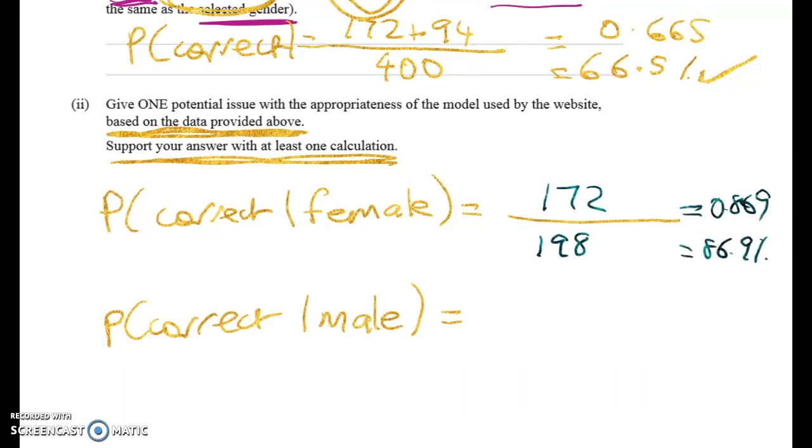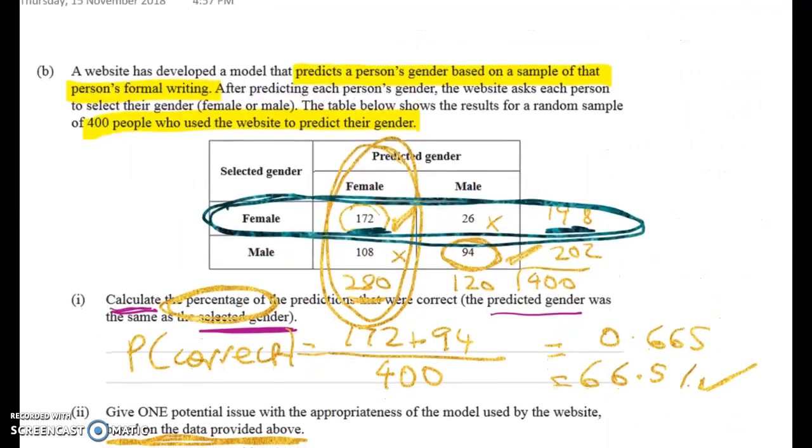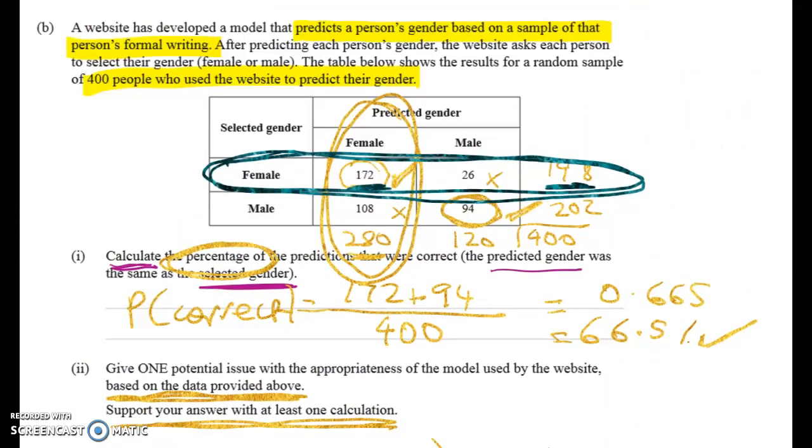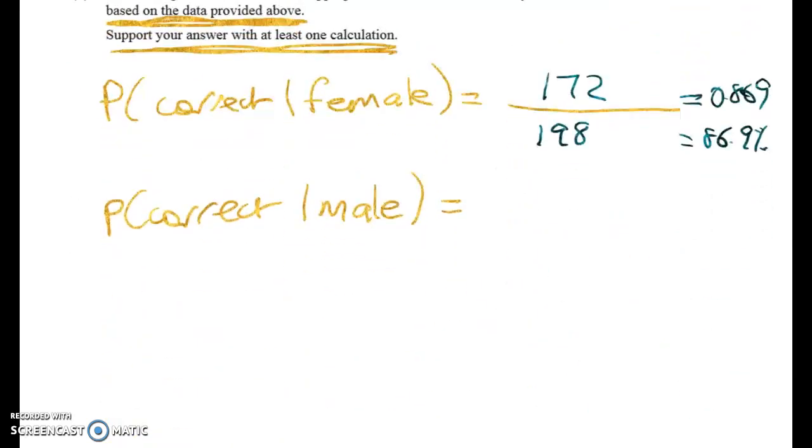So it's pretty hard to say that that's an issue with the appropriateness of the model because that's a pretty good hit rate. Now let's have a look at how it does for the male people who were on the website. Sorry, it's not students, it's just males. So you can see straight away we've got a bit more of an issue here. We had 202 males complete the formal writing sample, and the model got it right for fewer than half of them, so only 94 of them.